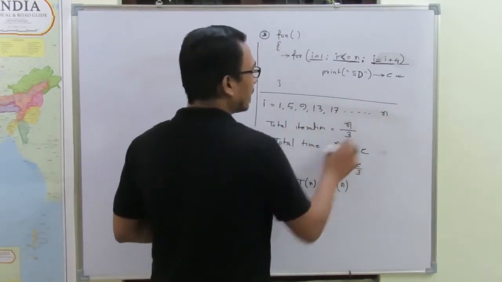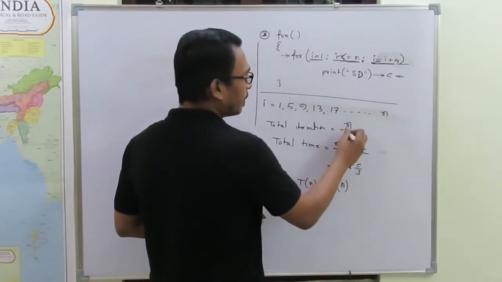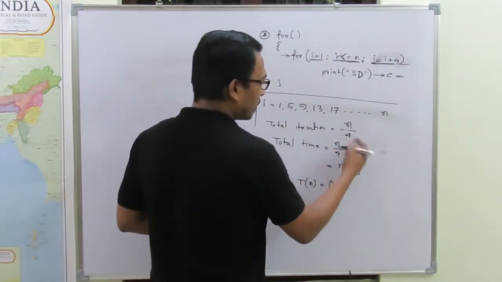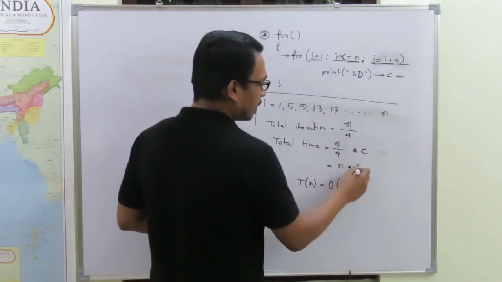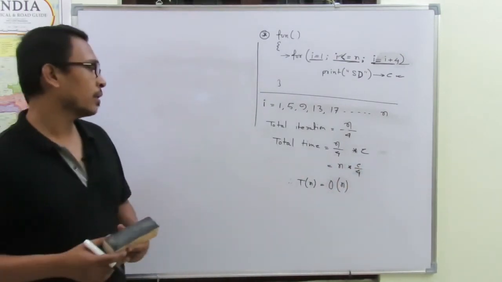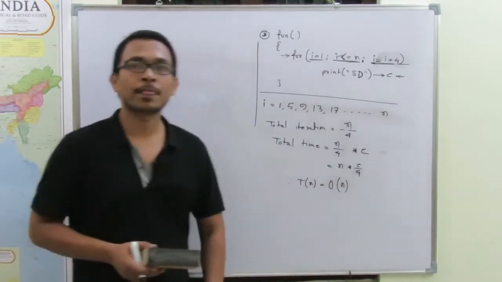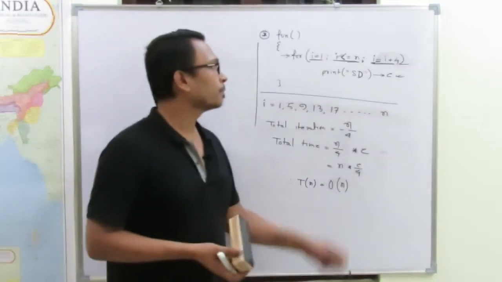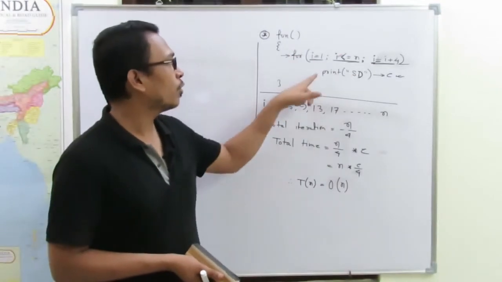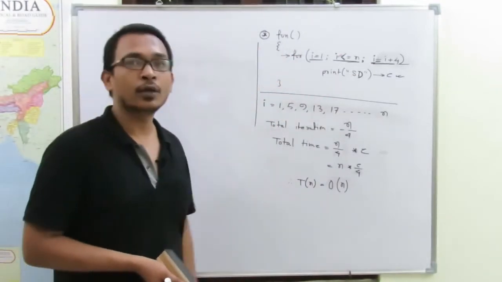And the total number of elements here will be n by 4. The total time will be n by 4 times c, that is n into c by 4, and then again we will get time complexity order of n. Clear? Hope you understood. Now what happens if we enclose this particular loop inside some other loop?